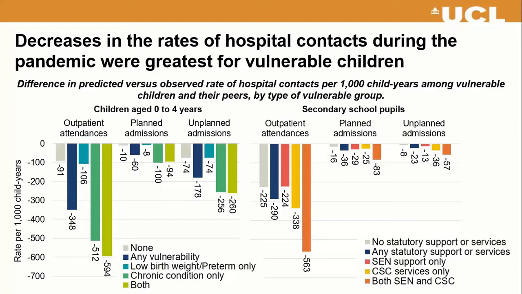And what you can also see is that the children who are part of these vulnerable groups have much greater decreases in rates than their non-vulnerable peers. So the grey bars are children who don't fall into one of these categories of vulnerability, and then the coloured bars are the different groups. And what you can also see is that it's the children who have these multiple overlapping vulnerabilities, so the orange bars for the secondary school pupils and the light green for the under 5-year-olds. Those children again are experiencing the greatest decreases in rates. Next, please.